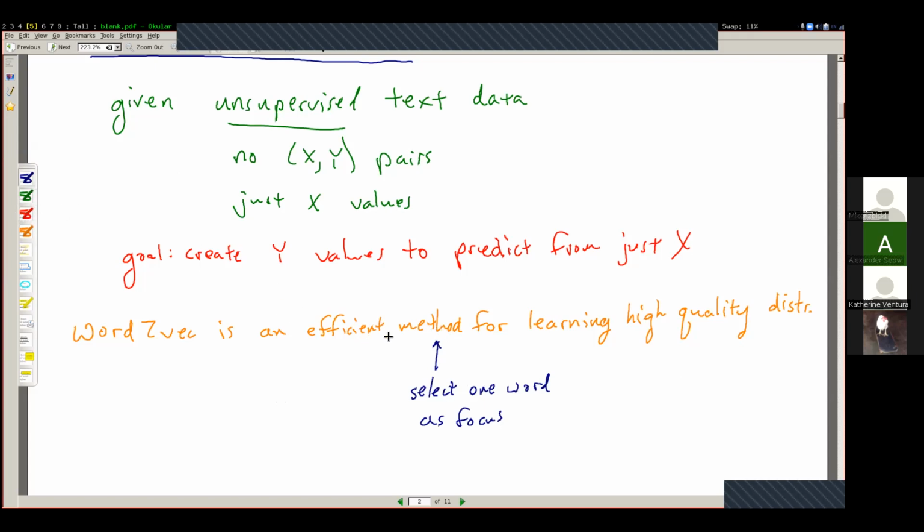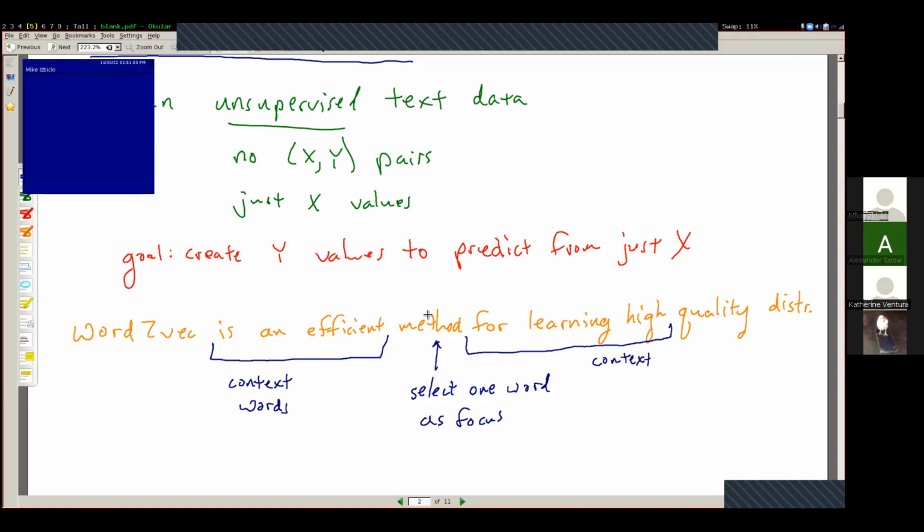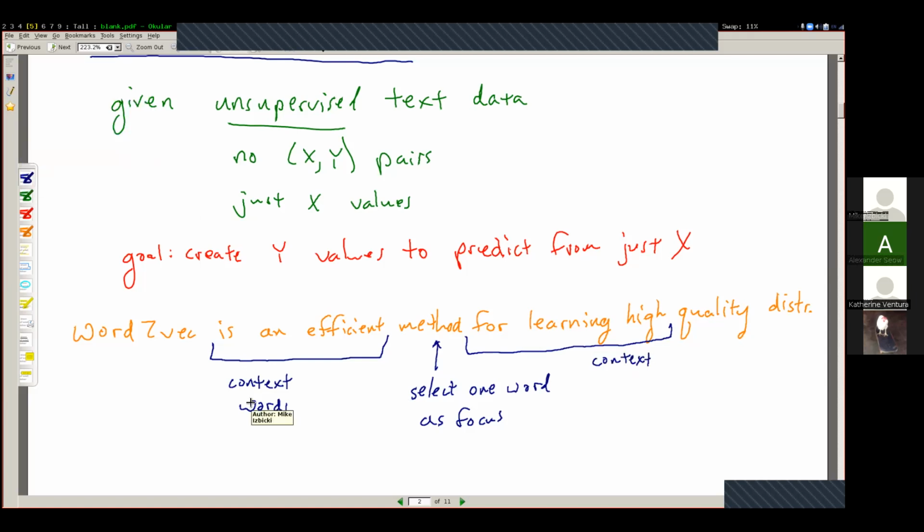Based on that one word, we'll look at some set of words around it. Here I'll use 3 to the left and 3 to the right. These words are called context words. In this case, the size of the context is 3 because we have 3 words to the left and 3 words to the right.